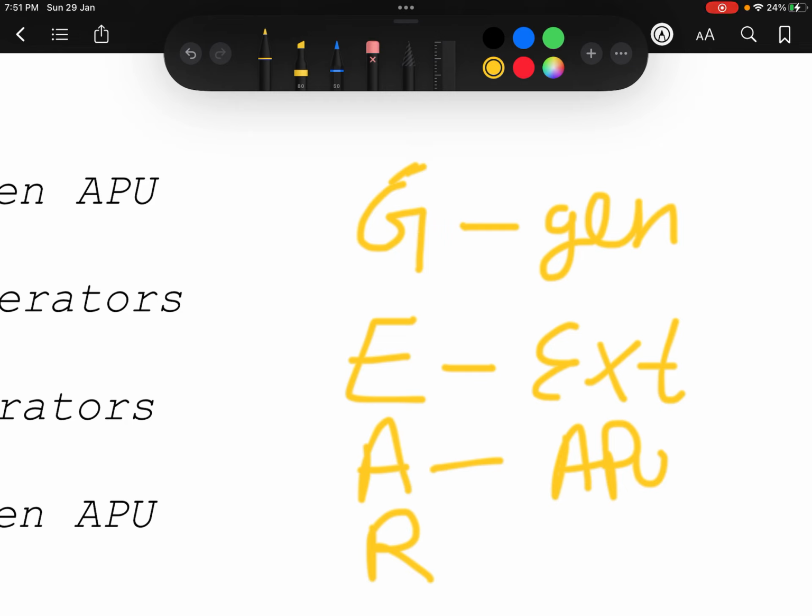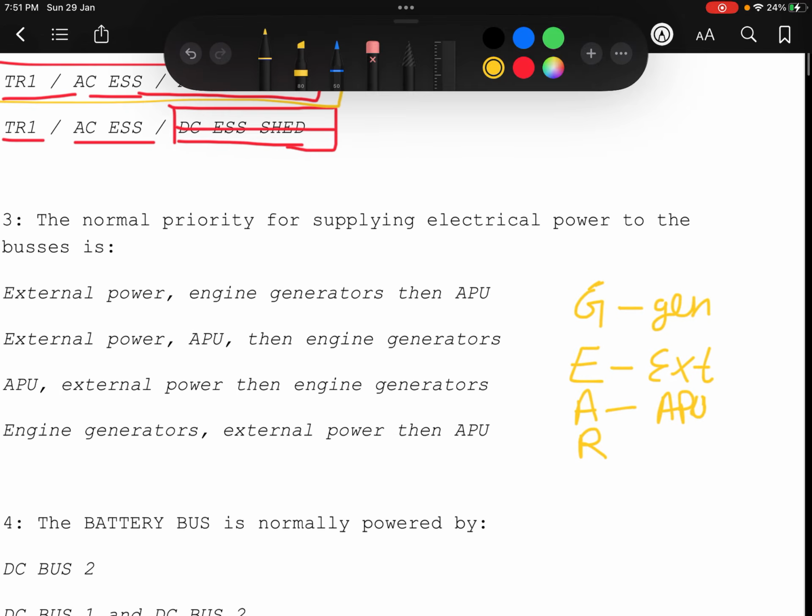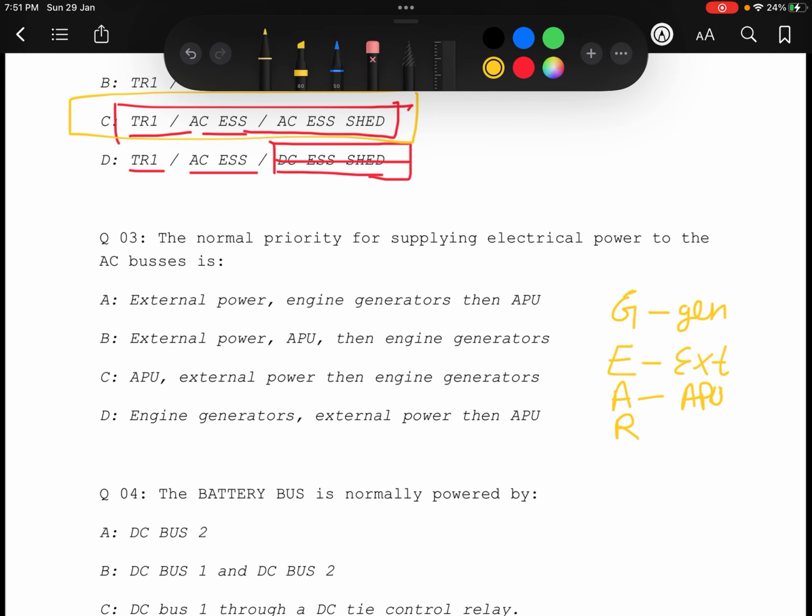This is how it works. So the normal priority for supplying electrical power to the AC buses is engine generator, then external power, and then APU. So Delta option is correct.